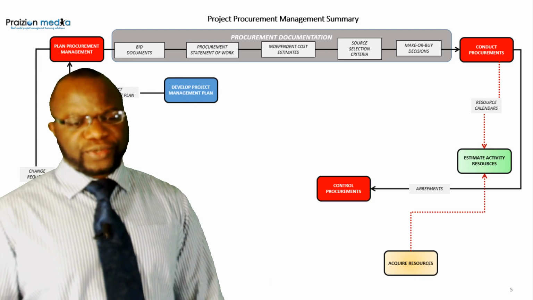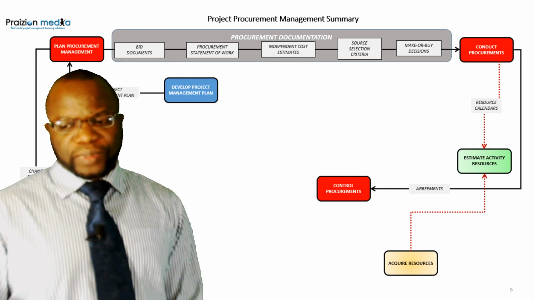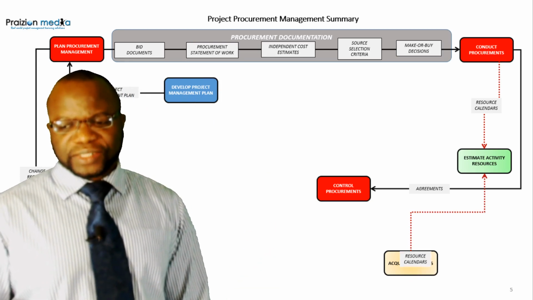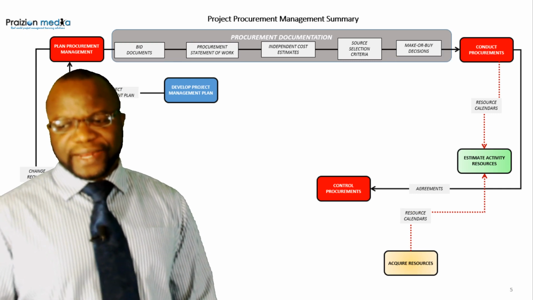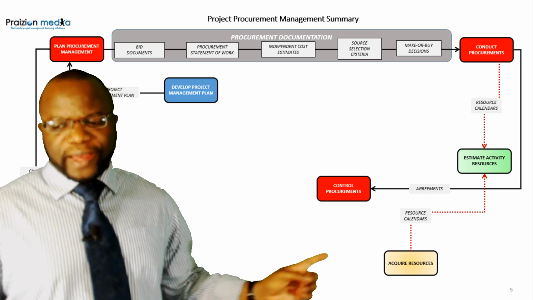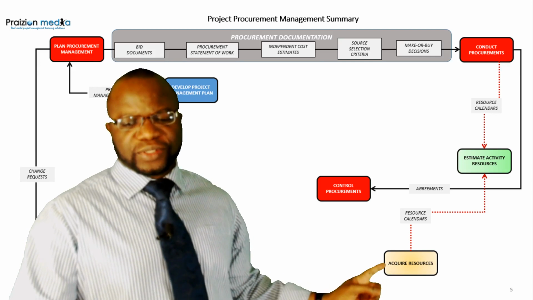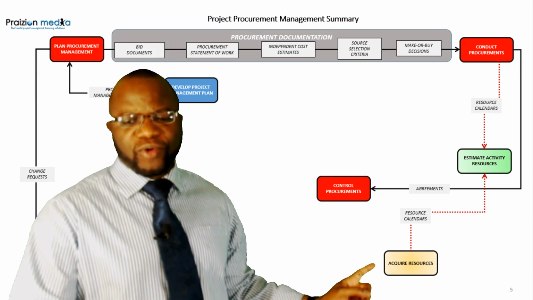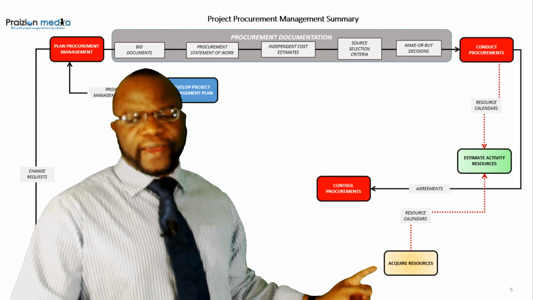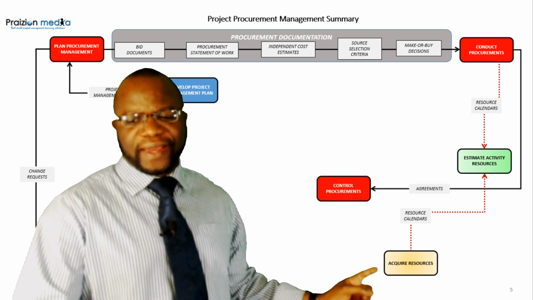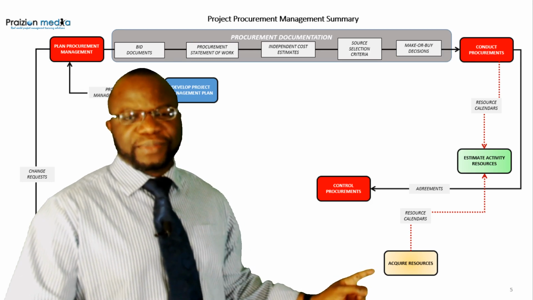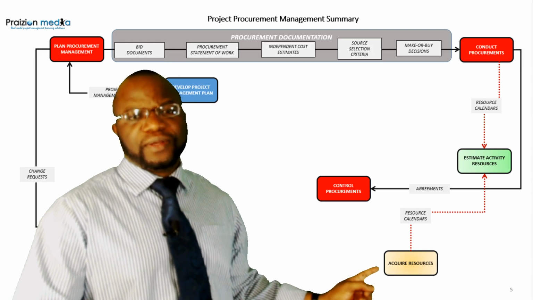We have acquire resources, leading back into estimate activity resources with resource calendars as well. So the question, to paraphrase, was: why are resource calendars coming in here and at the same time coming out of here? So this underscores it again.